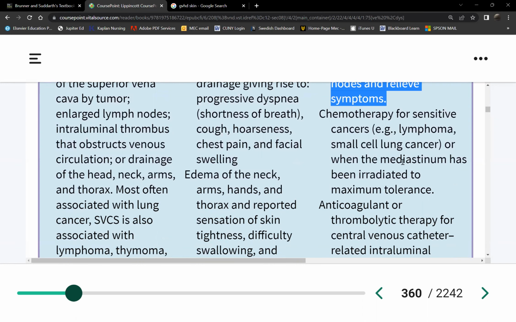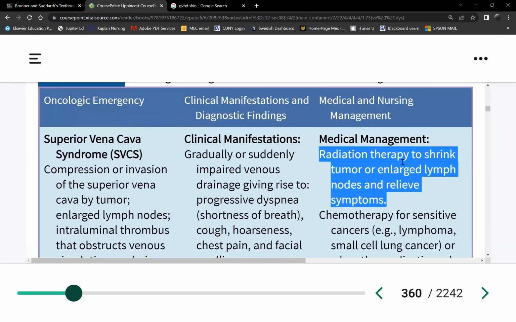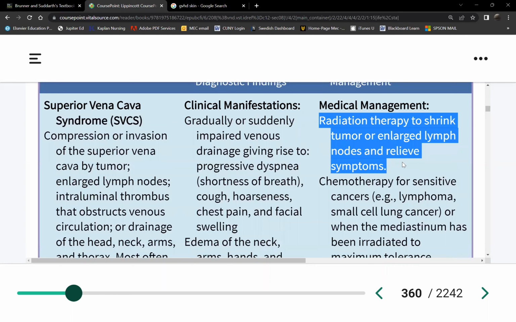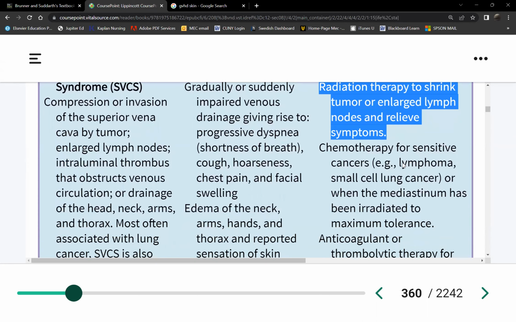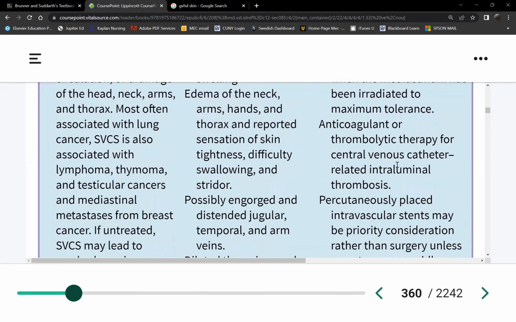So you just support the patient because what type of shock can result here? Obstructive. Obstructive shock can result. So if it's obstructive shock, then you treat the shock, and then extensive radiation and chemo shrink the tumor so that they'll stop compressing the SVC.